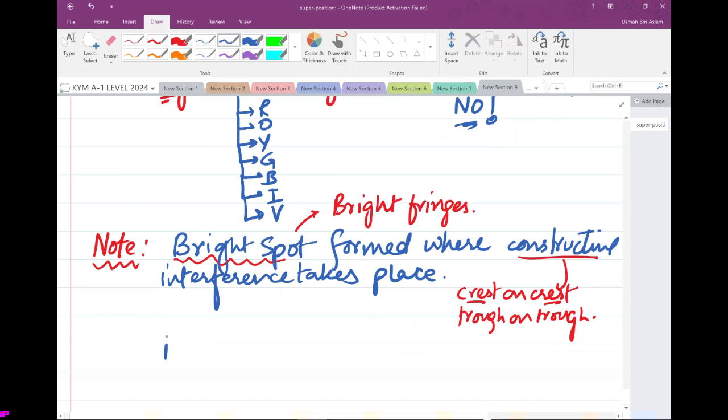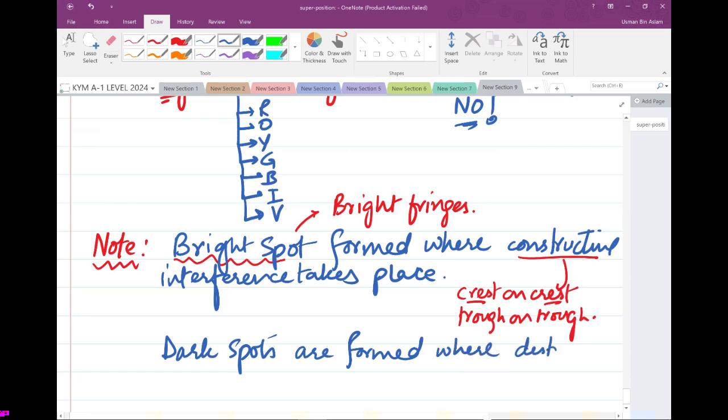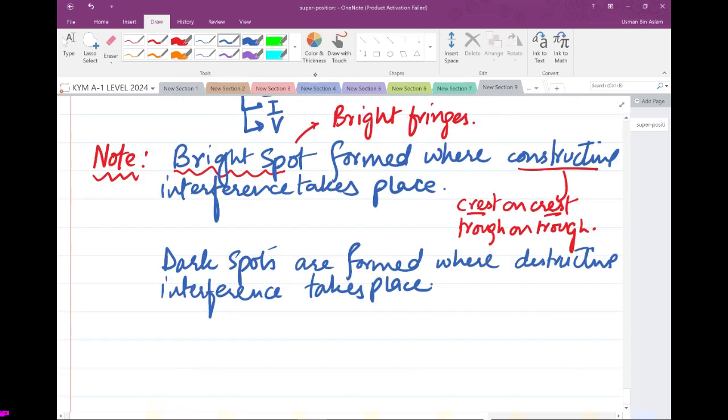And dark spots are formed where destructive interference happens. Do you remember that destructive interference happens when the crest of one wave falls on the trough of another wave?